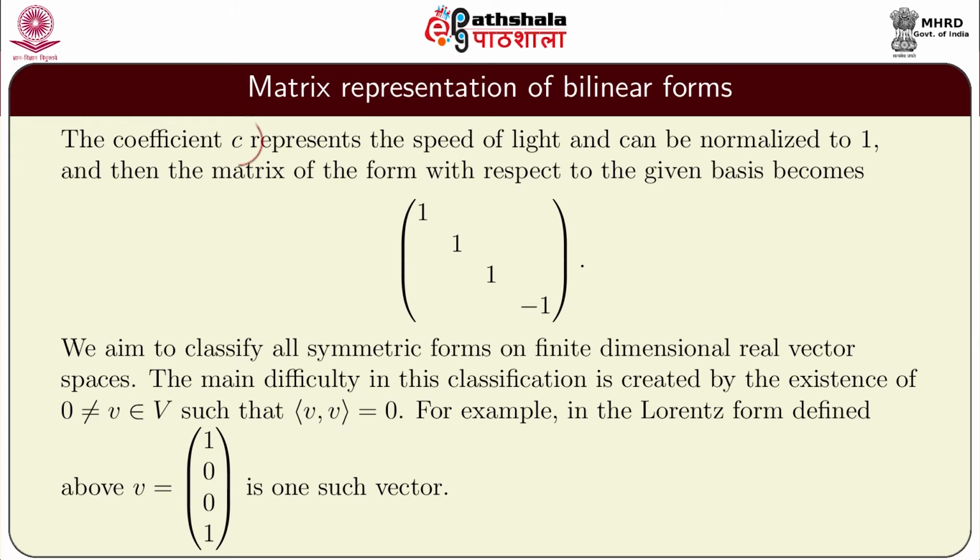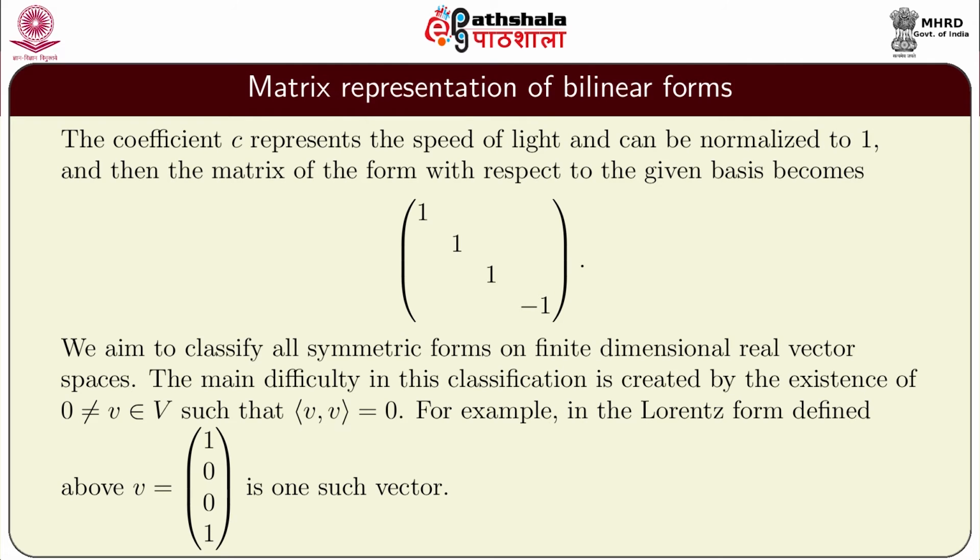Here the coefficient c represents the speed of light and can be normalized to 1, and then the matrix of this Lorentz form with respect to the given basis becomes diag(1, 1, 1, -1). Now, our aim is to classify all symmetric bilinear forms on finite dimensional real vector spaces.